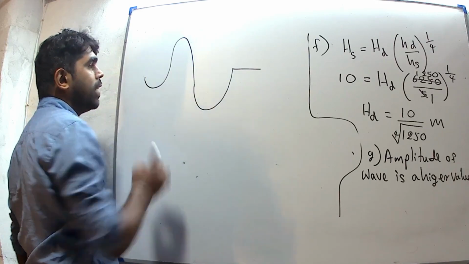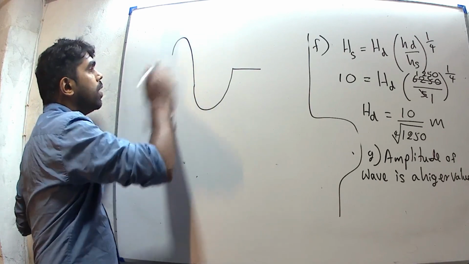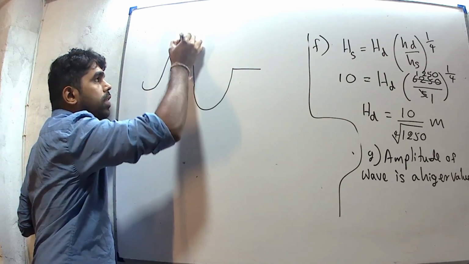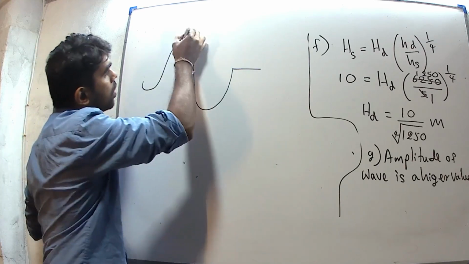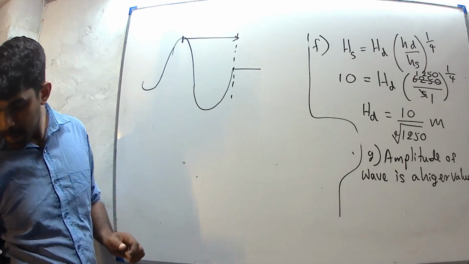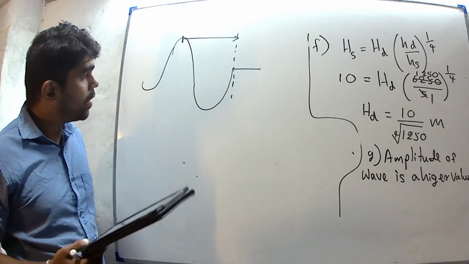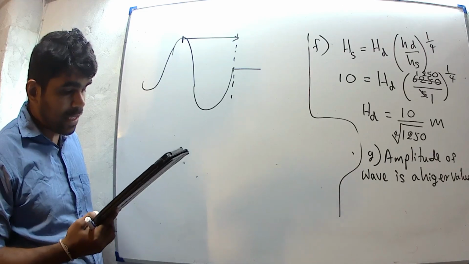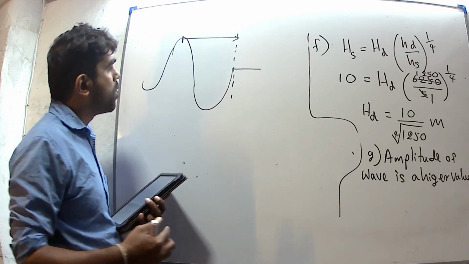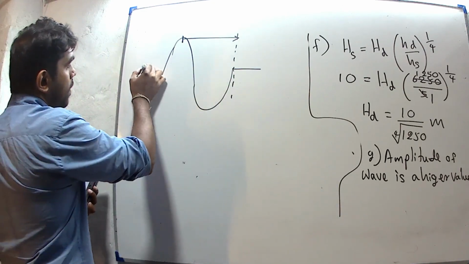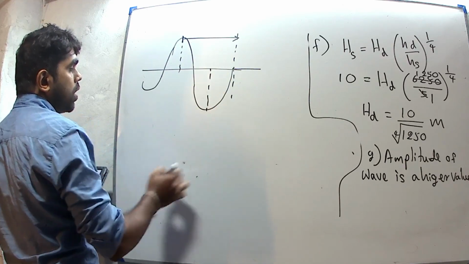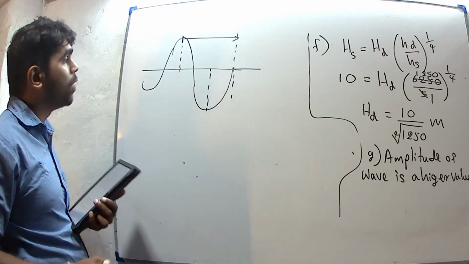We have to calculate the time taken to come from this point to this line. They have given that the wavelength is 18 kilometers. Now we can get it as 3/4 of wavelength.